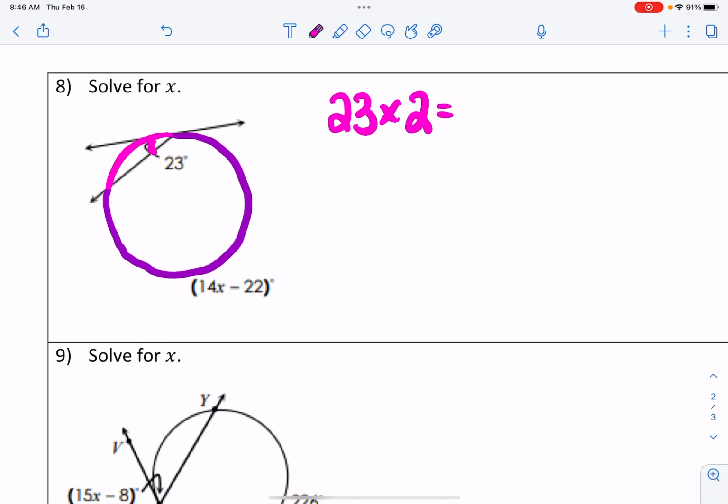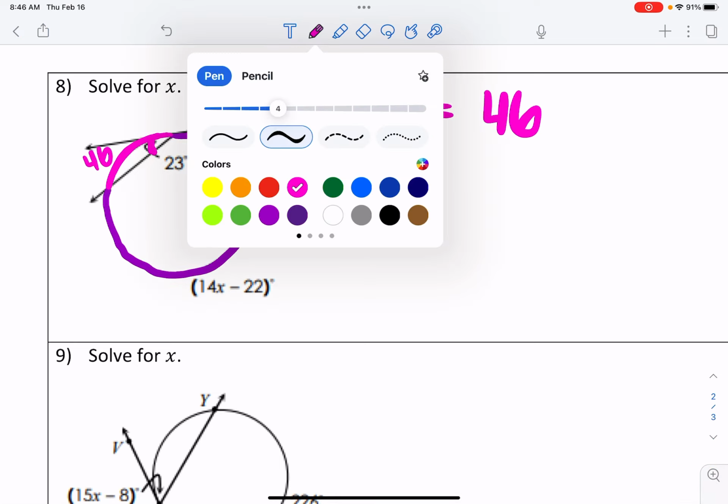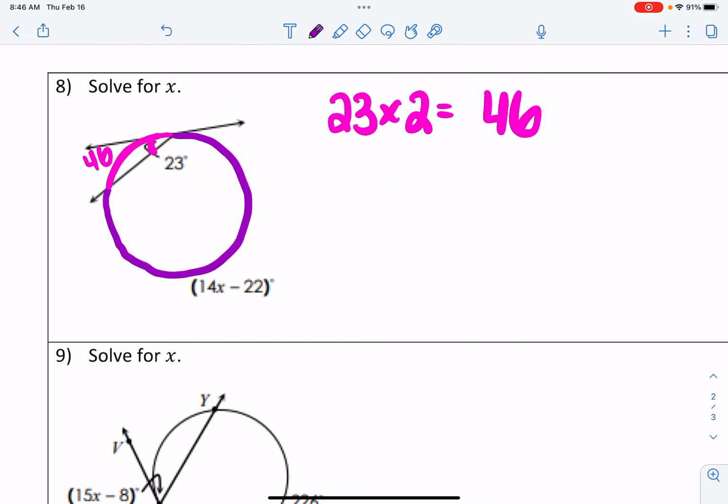And so that's going to be 46. Okay, so the measurement of that arc. And then if I want to find the purple arc, the entire circle is 360. Part of it is 46, so I'm going to do 360 minus 46, okay?